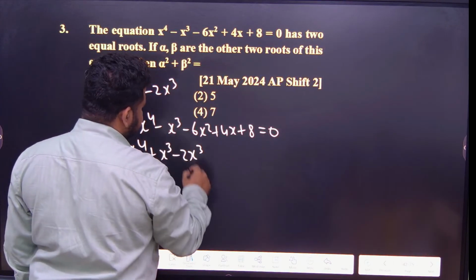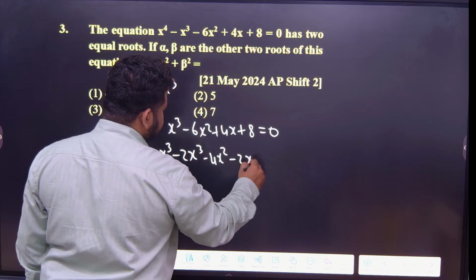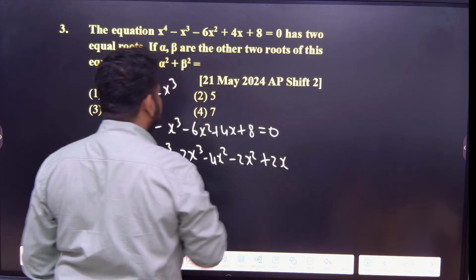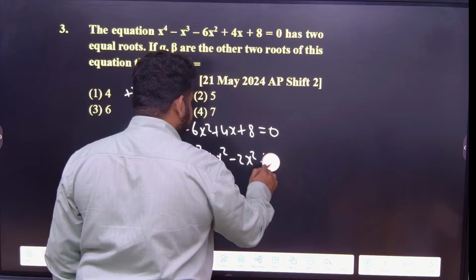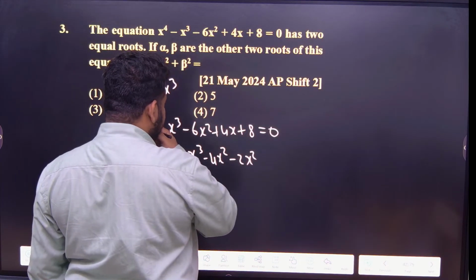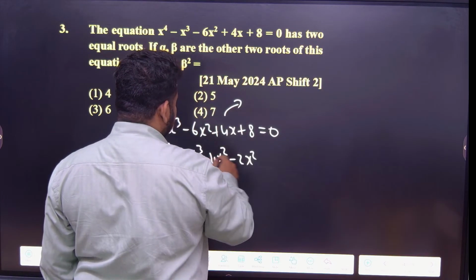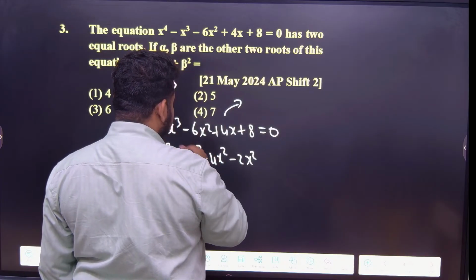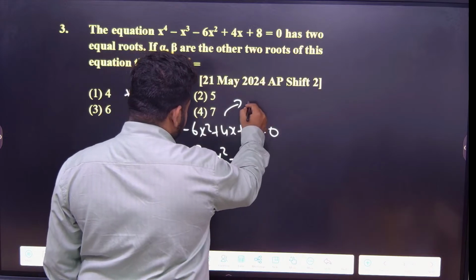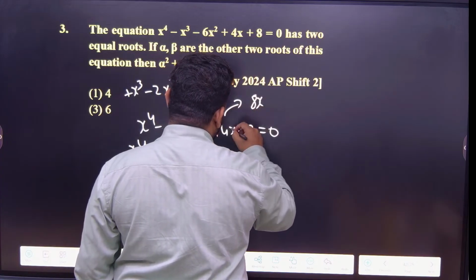This 6x square I can write as minus 4x square minus 2x square. And 4x I can write as 12x minus 8x.